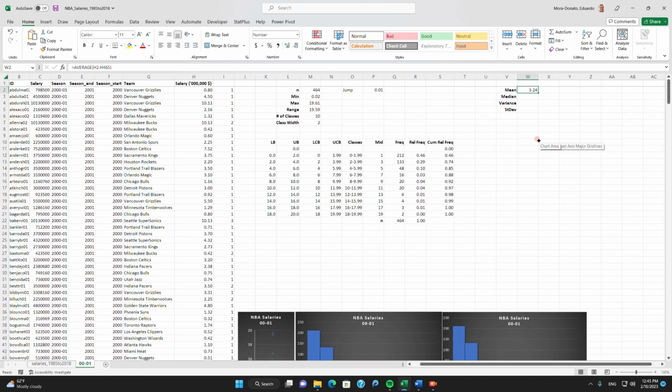The average is 3.24, so $3,240,000 is the average salary of this sample of basketball players for the season 2000-2001. We know that the data is highly skewed, so let's calculate the median.